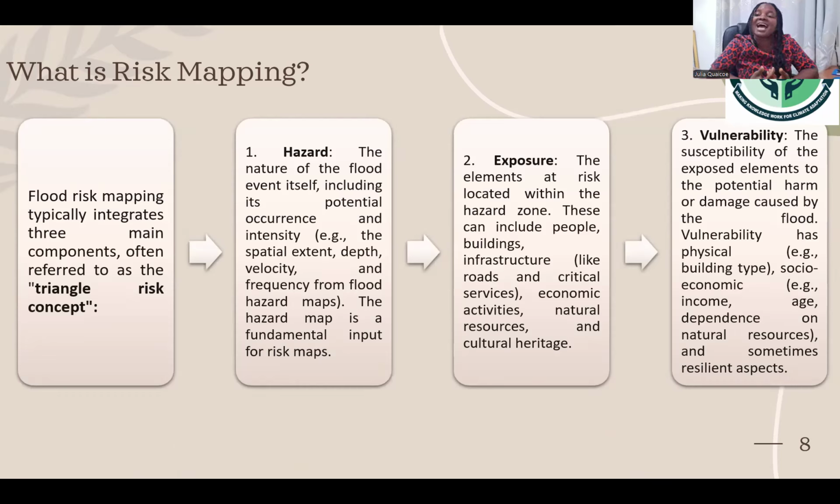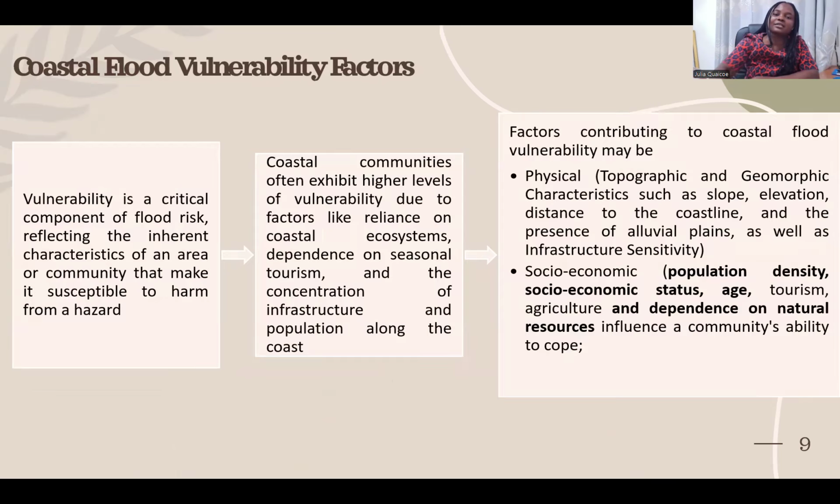Some places may have certain biodiversity like the sea turtle and all those things. So if we are considering the susceptibility of the exposed elements at risk, we can talk about the ecological, where we are looking at only the ecological factors within this zone which are at risk.